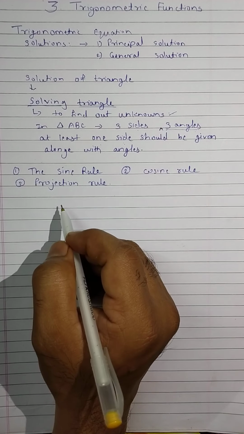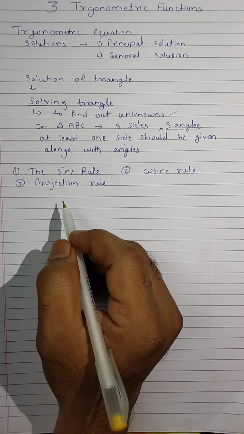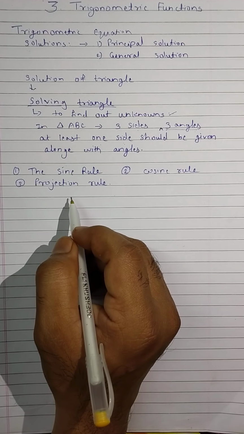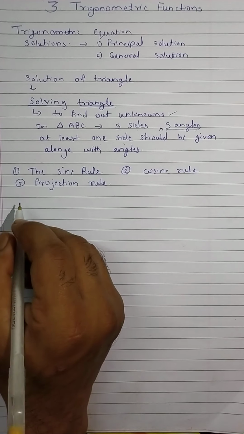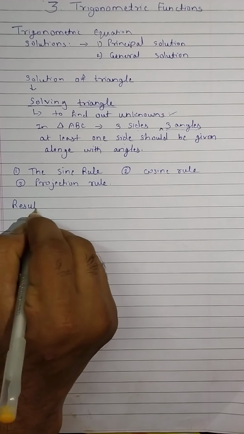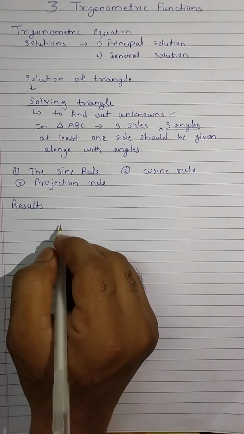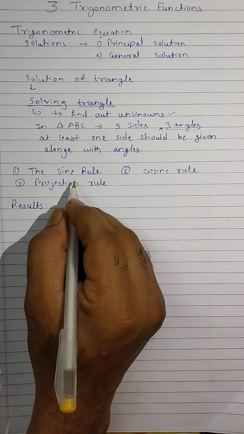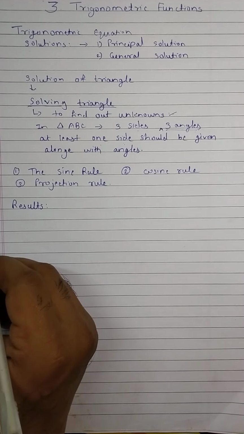These are the three rules or theorems we are going to prove. Before that, we need some results which we will be using in the proofs of these rules.